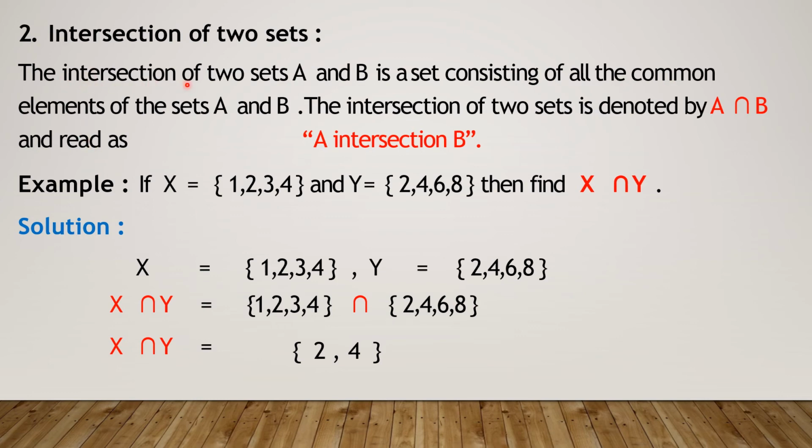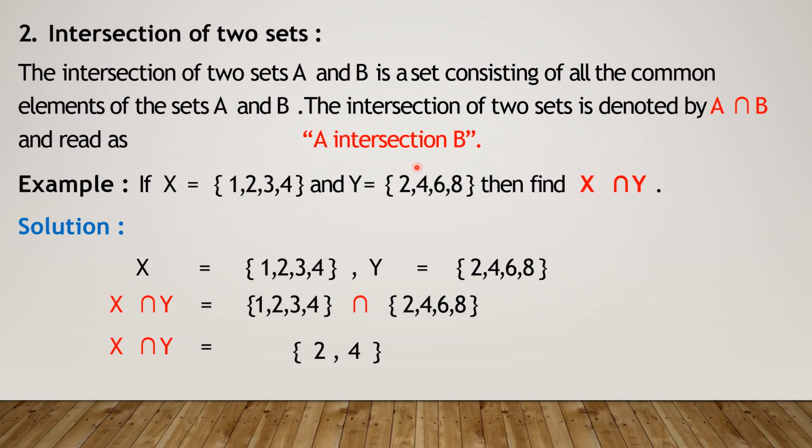Intersection of two sets consists of only common elements of both the sets. The intersection of two sets is denoted by A ∩ B. When you invert ∪, it becomes a sign of intersection. We read it as A intersection B.